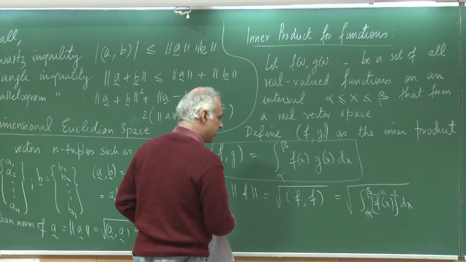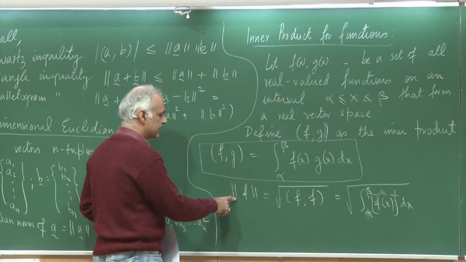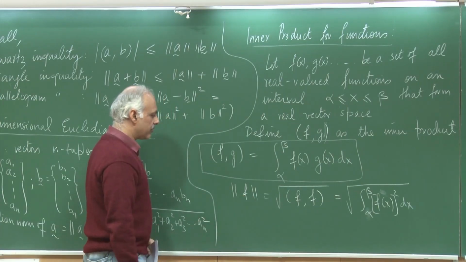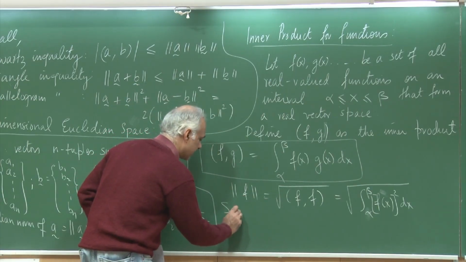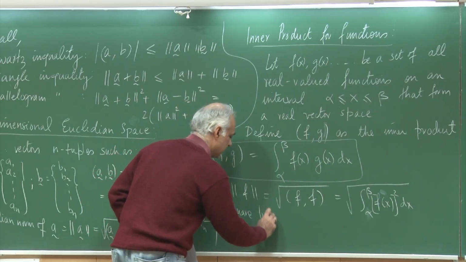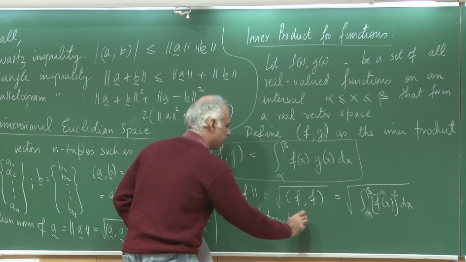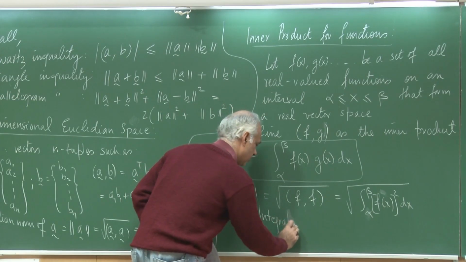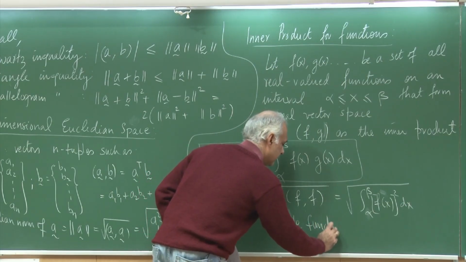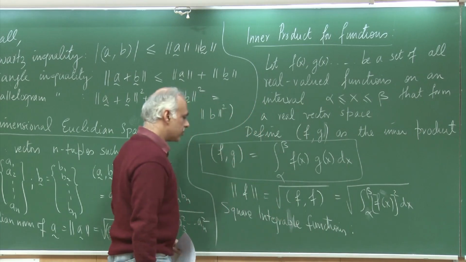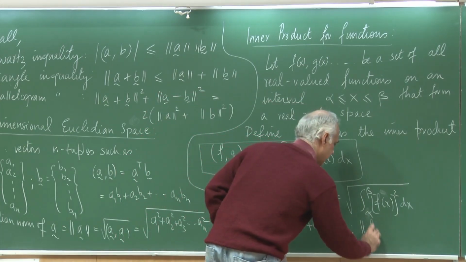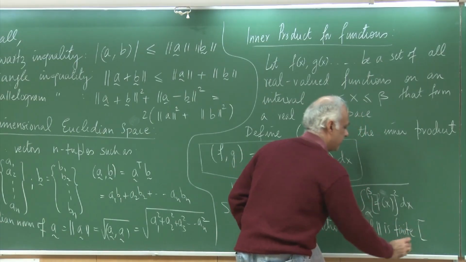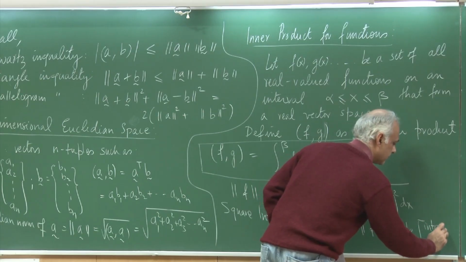We have a specific name for this kind of a measure. So the norm of f, as I said, is some kind of a length. So we define what are called square integrable functions. These are those functions for which the norm of f is finite. That means the integral does not blow up.